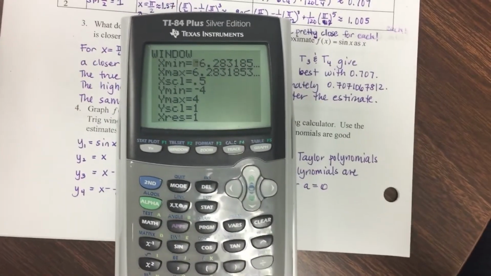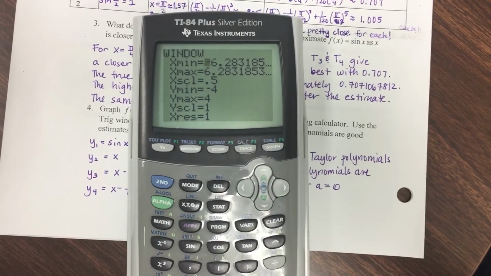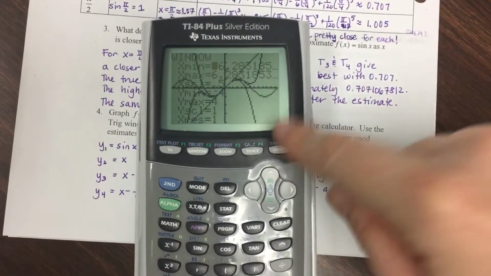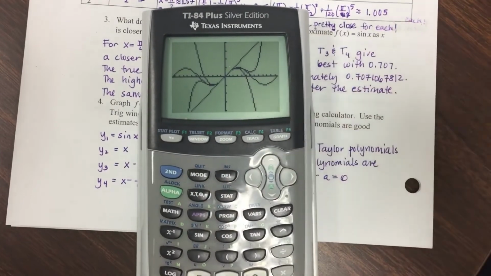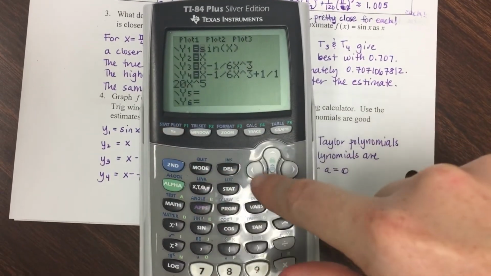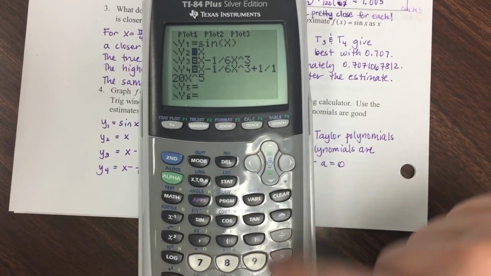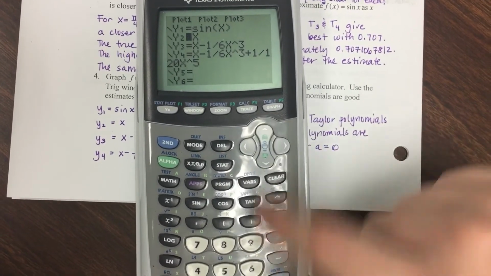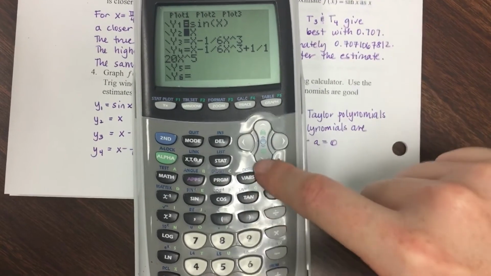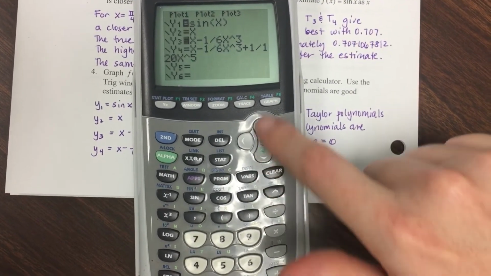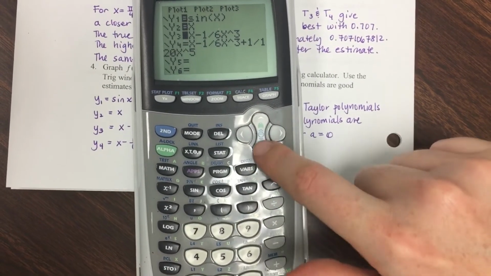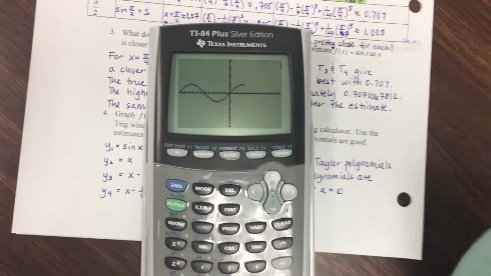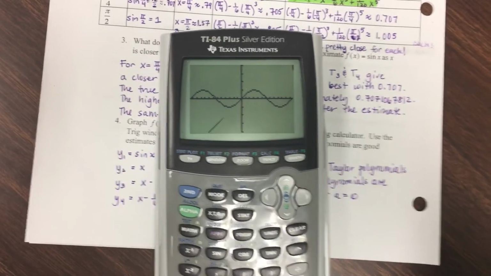I did negative 2 pi to 2 pi, and then I did negative 4 to 4 for y. Let me see if I can get it to graph fresh for you. Okay, there we go. Here it's going to graph sine, should look familiar.